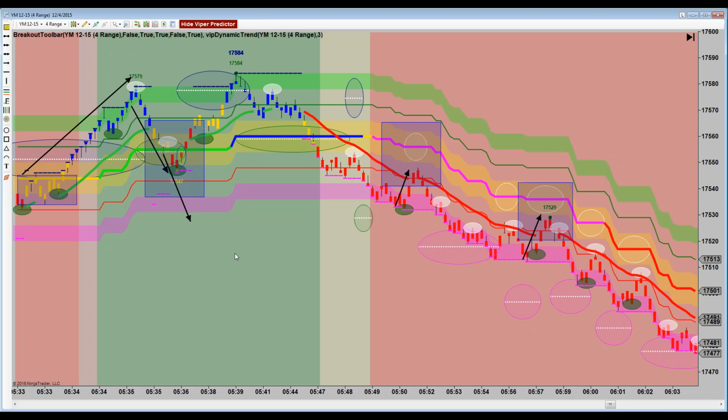Let's go to the next one. This very shallow retracement. 1, 2, 3. What's the reversal bar? 3. Good.